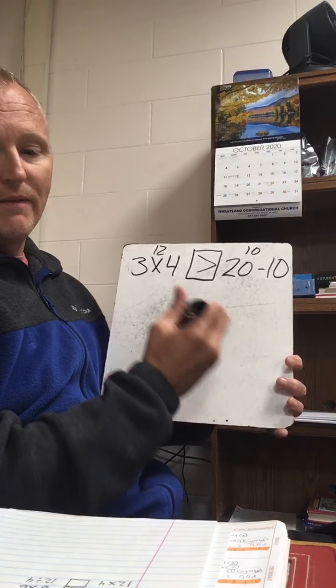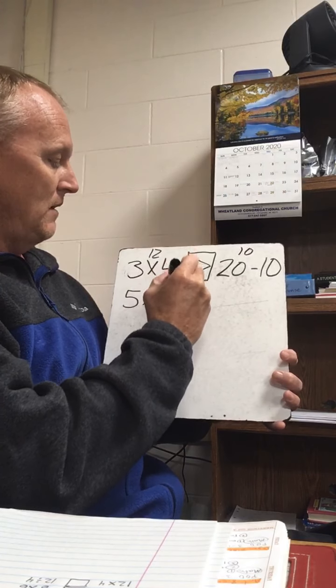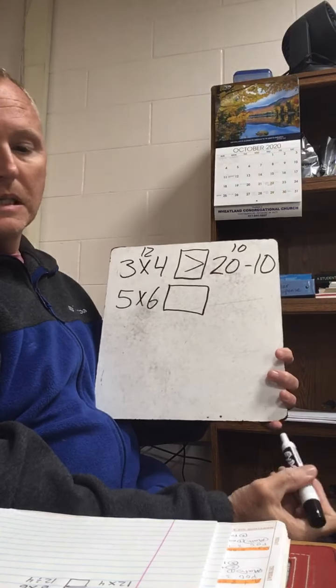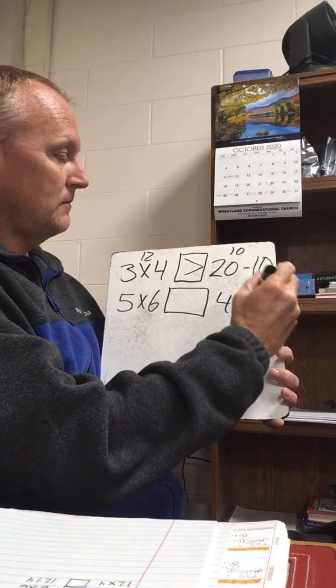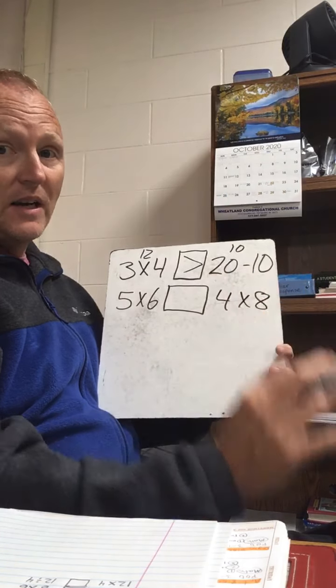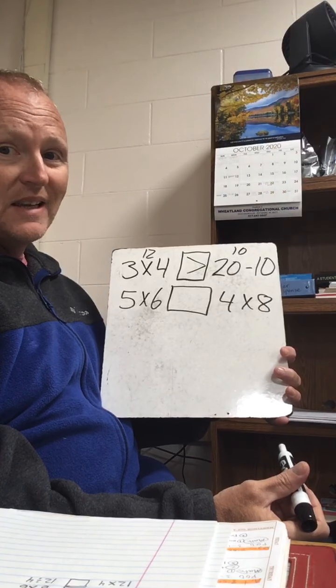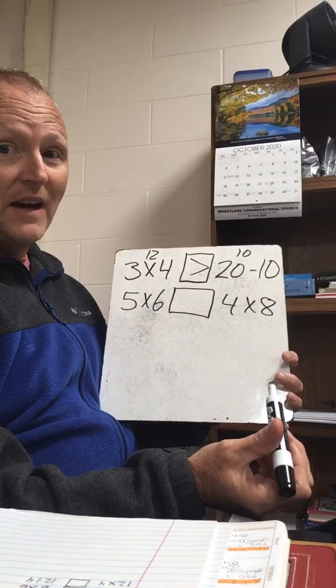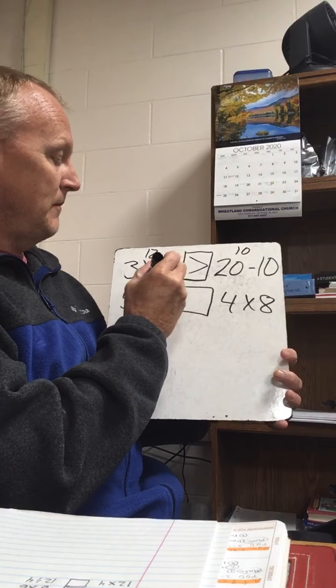Okay, let's try 5 times 6 being compared to 4 times 8. Now pause it if you want to try it on your own, but here we go. 5 times 6, pretty easy. If you don't remember it, just count by 5s until you have 6 fingers up, right? You'd have 30.